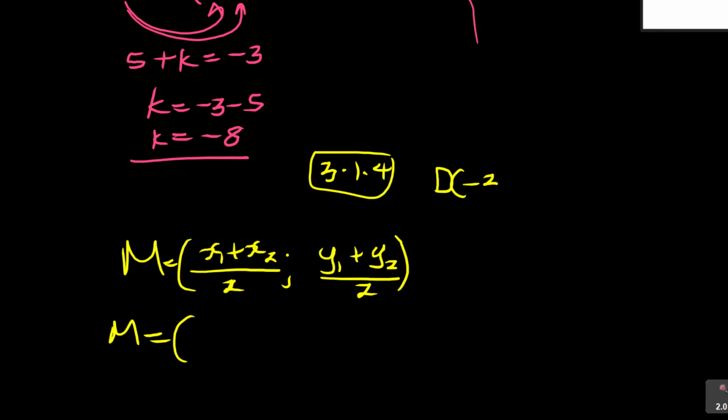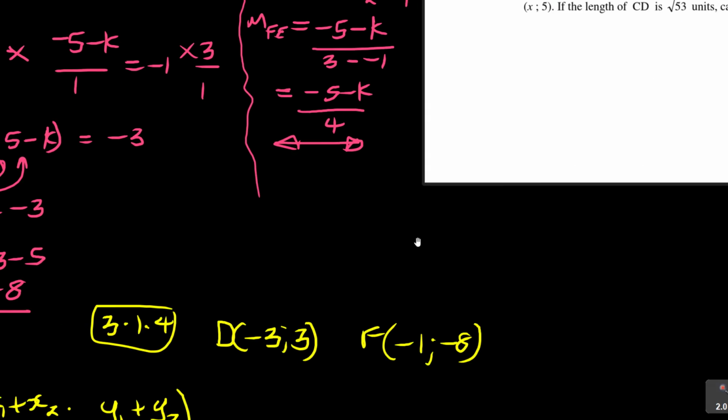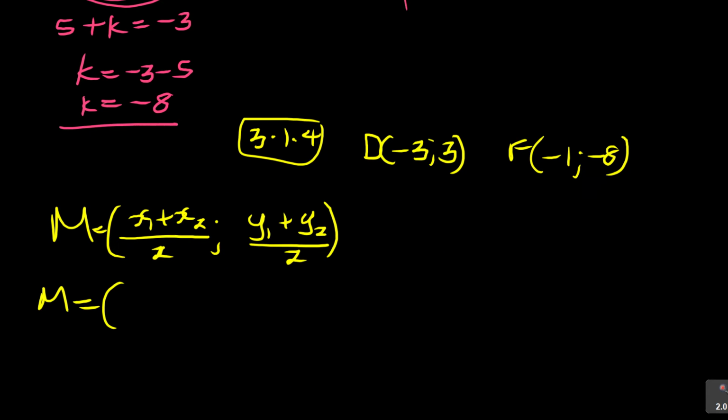It's minus 3. And what is my F? It's minus 1, minus 8. Let me just cross check again. D is minus 3. It's always good to rewrite these points because it helps you to remember. Remember, this is your x1, y1, your x2, y2.